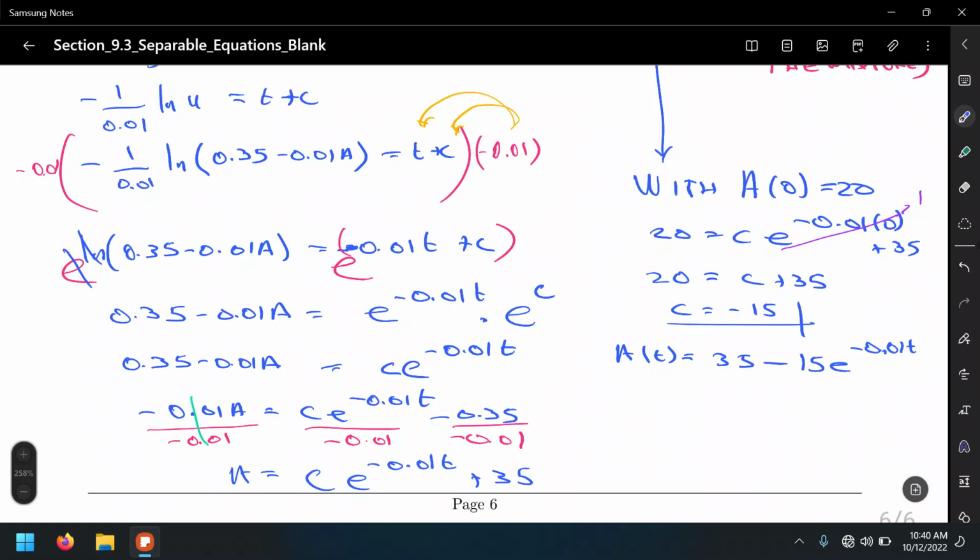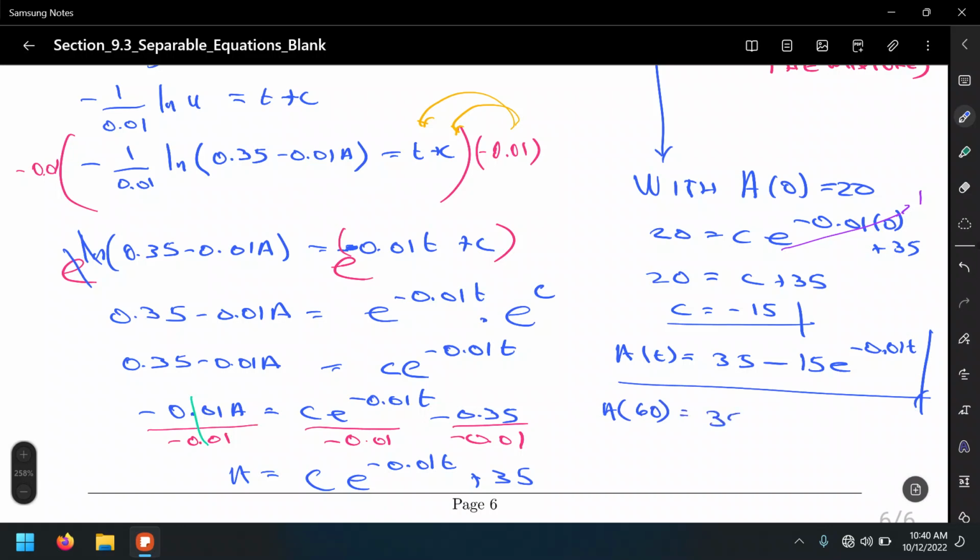Yes, but since in this case it's an hour, what's the value of T that we should plug in? 60, right? Be careful with the units, because this equation was solved taking into consideration a rate of change in terms of minutes. So if they're telling us 1 hour, then we have to do A of 60.